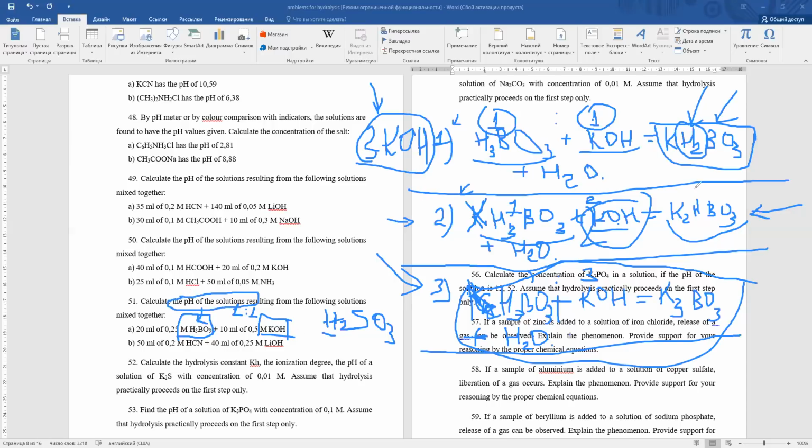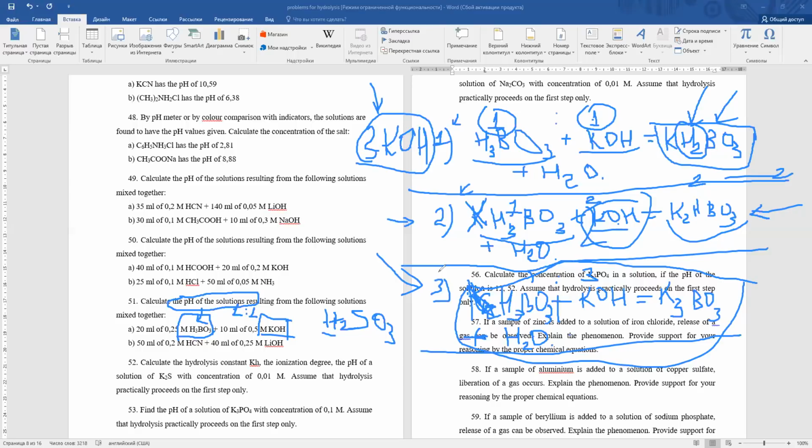Okay, 1 mole forms 2 moles of hydrogen cations. And how many moles did you find? Can you tell me? Can you remember, I sent you on the Telegram the solution of the problem? And in this solution, we found the moles of the acid, and also the moles of the salt.